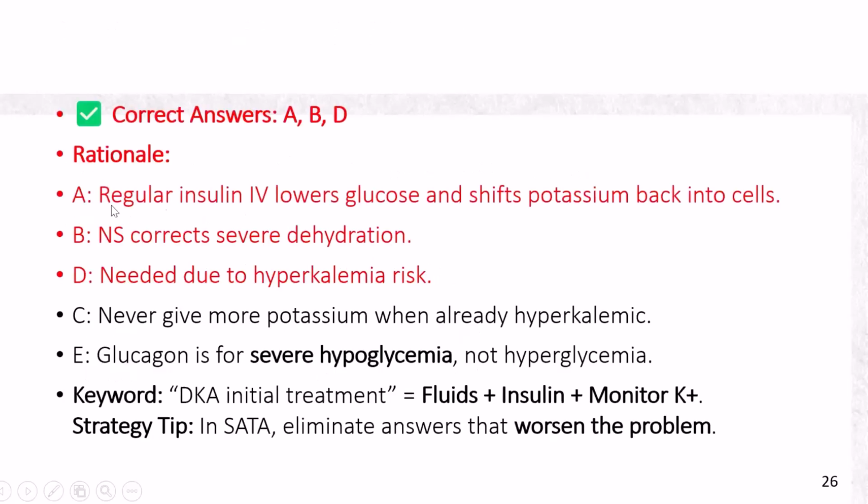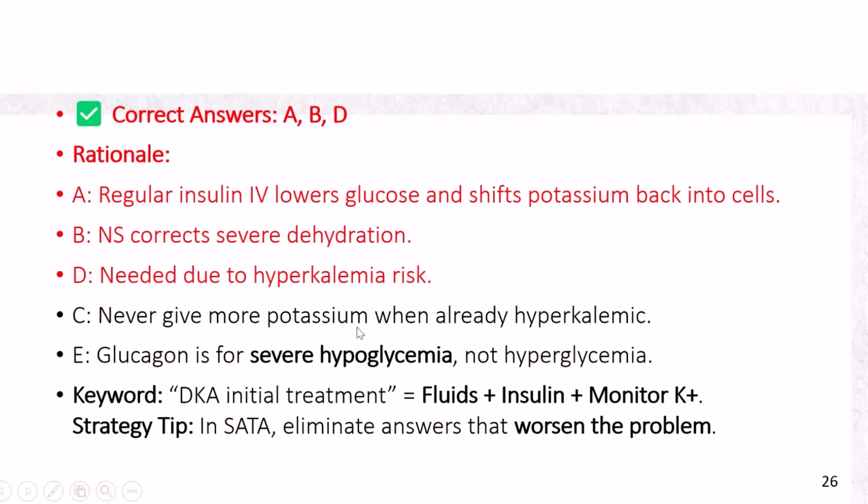Okay. So regular insulin will help lower the glucose. And the good thing is that it will shift some of the potassium back into the cells. Then your normal saline will correct the severe dehydration because your client came in peeing a lot and drinking a lot of water. So very important. And then because of the hyperkalemia risk, you have to monitor the heart, okay?